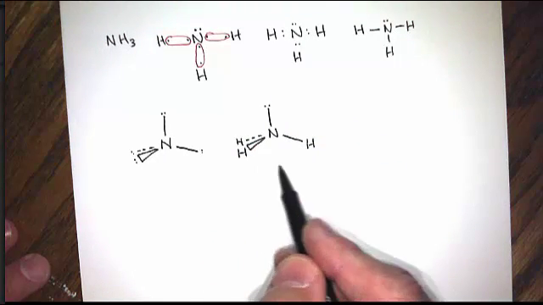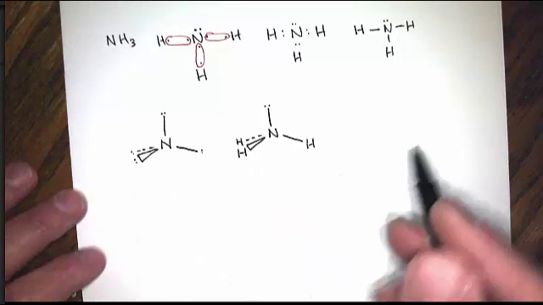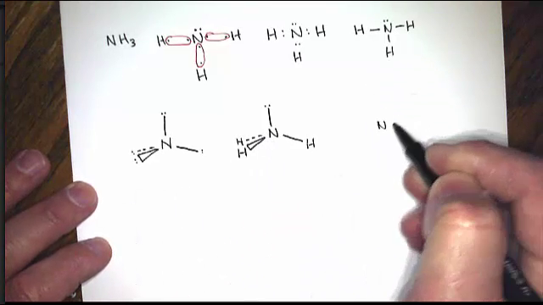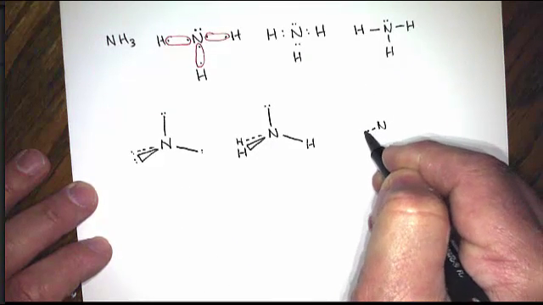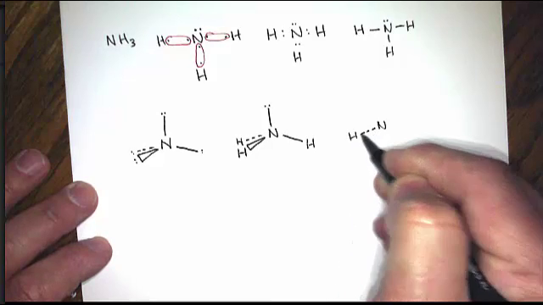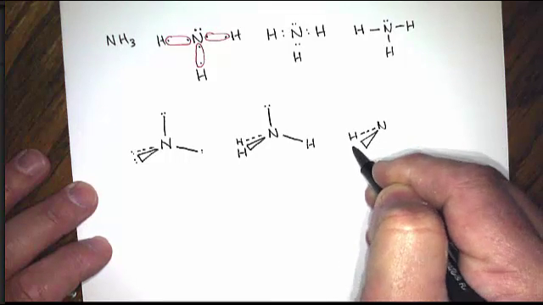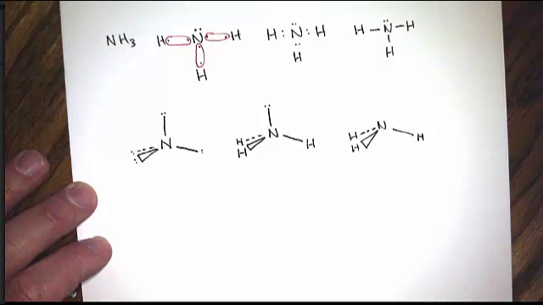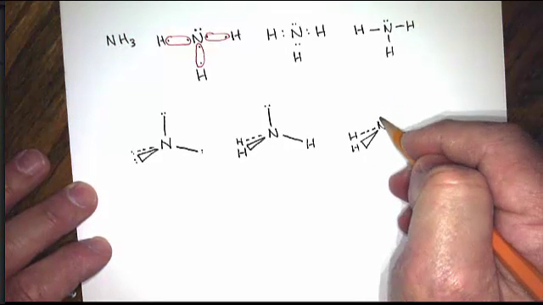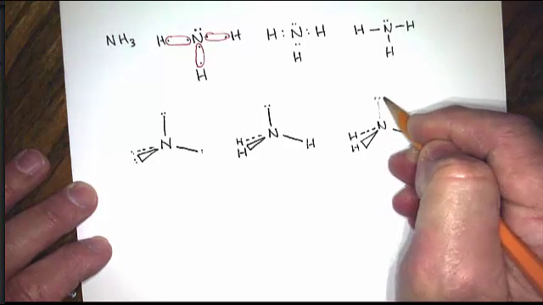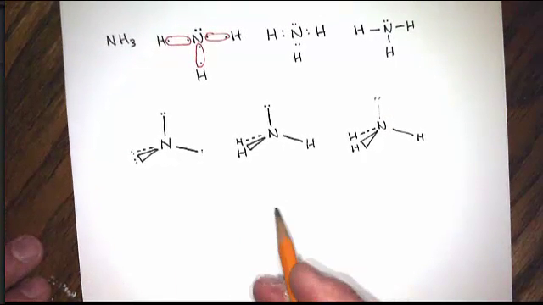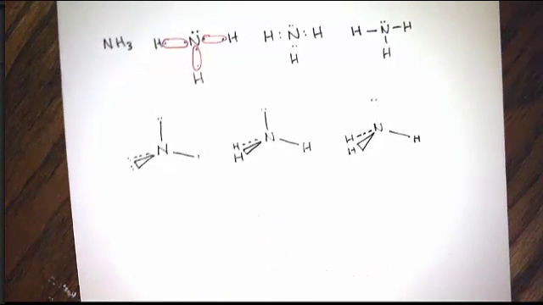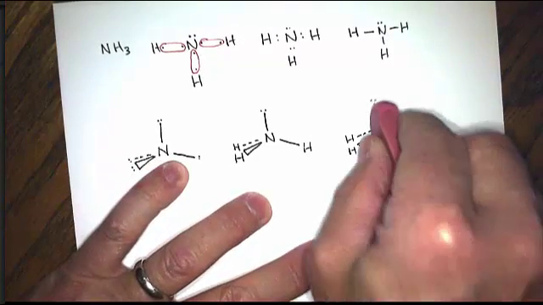Then the next step is to redraw again this exact same drawing. And the reason we do these in pencil is because after we get to this point, we want to erase the lone pair.